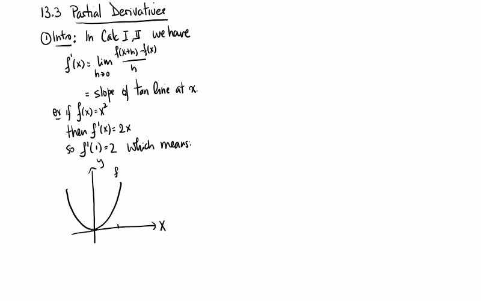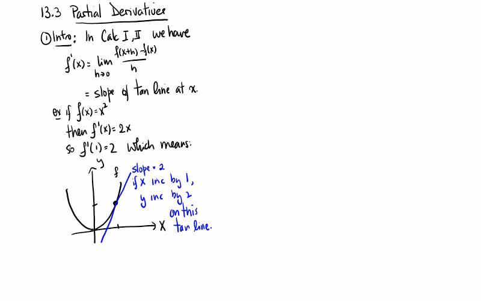If we go to the point 1, 1, that's the point on the graph of f. If we draw the tangent line, that has a slope of 2. Now what that means is instantaneously, if x increases by 1, y increases by 2, right, on this tangent line. That's what's going on there.